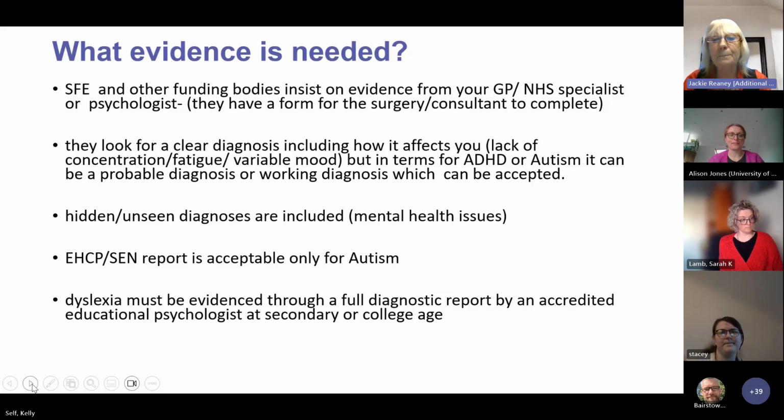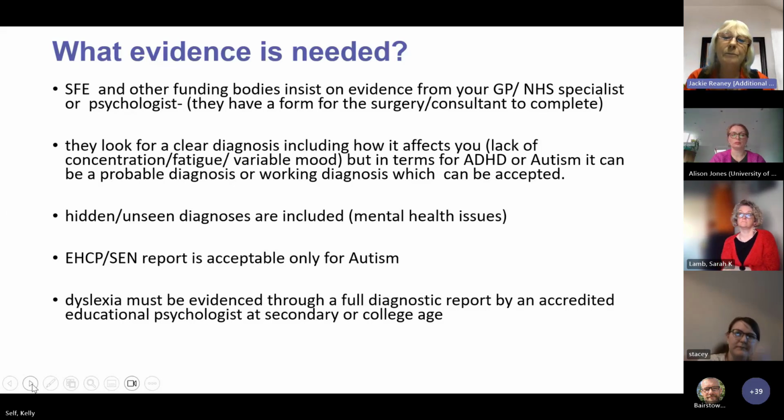I know it sounds really picky, but I don't want people to go down a route of providing something that ends up being rejected. So let's check that we've got the right kind of evidence in the first place to avoid delay. And a full diagnostic report might not be what learners have got. Many come in with SEN reports or access reports about exam provision.